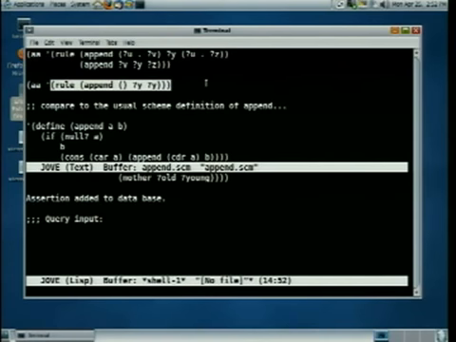So the one that's highlighted now corresponds to the base case. In the scheme code, the base case says, if A is empty, return B. This rule says the relation append holds for the empty list, any list y, and that same list y.